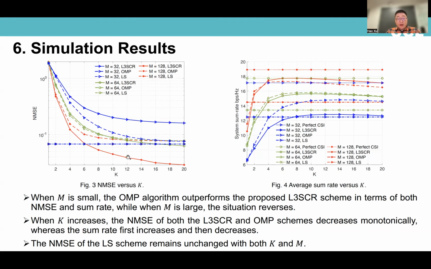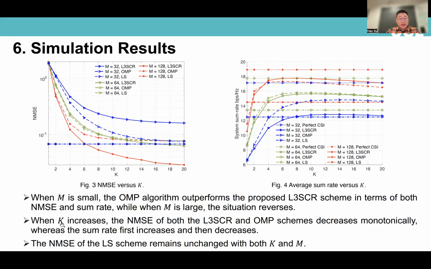While when M is large, the situation reverses. This is because the proposed L3SCR scheme separately estimates the AOAs and AODs. The estimation error in the first step will therefore be passed to the second step. In contrast, the OMP algorithm jointly estimates the AOAs and AODs. Therefore, if M is small, the OMP algorithm can be applied to improve the estimation accuracy.